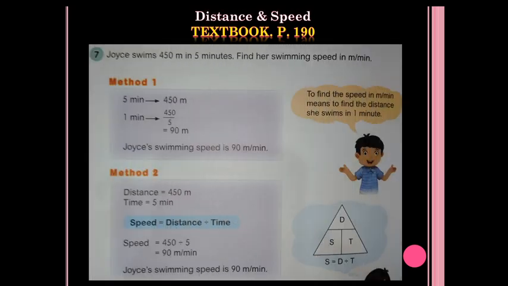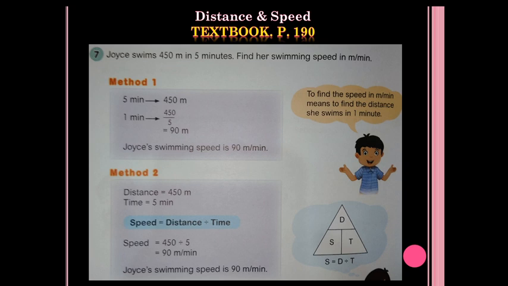Next, open your textbook, page 190. Number 7. Joyce swims 450 meters in 5 minutes. Find her swimming speed in meters per minute. There are 2 methods, method 1 and method 2.